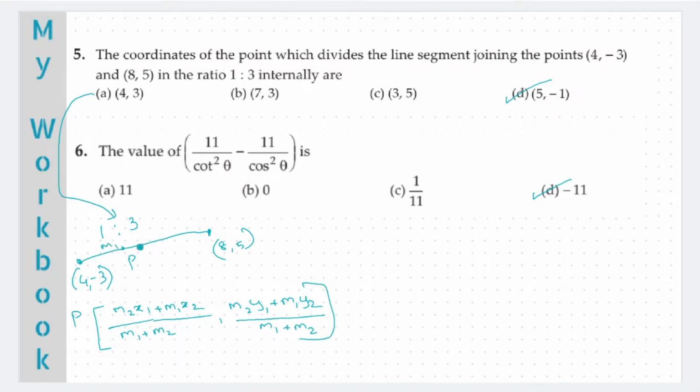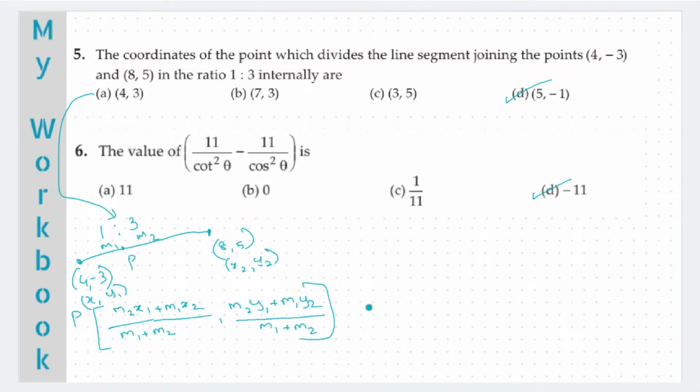Here 1 is m1 and 3 is m2. This is x1, y1 and x2, y2, where x1, y1 are the first point's coordinates and x2, y2 are the second point's coordinates.